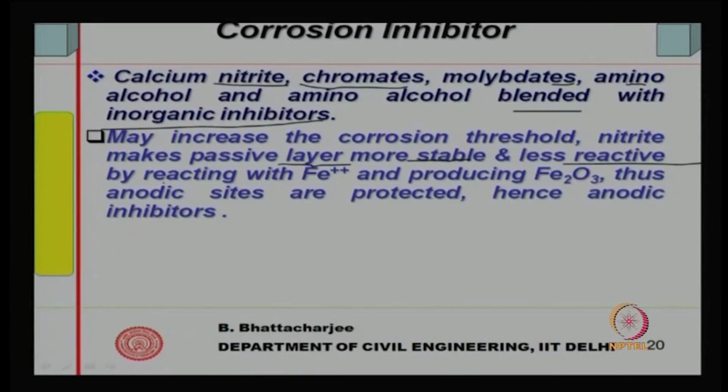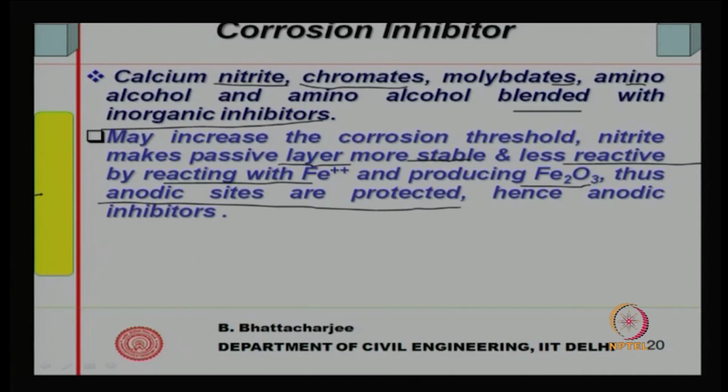Nitrite acts that way, and they are less reactive, therefore they protect the steel. Less reactive by reacting with Fe and producing Fe2O3. So, they might first react with Fe and then allow production of Fe2O3, thus anodic sites are protected.